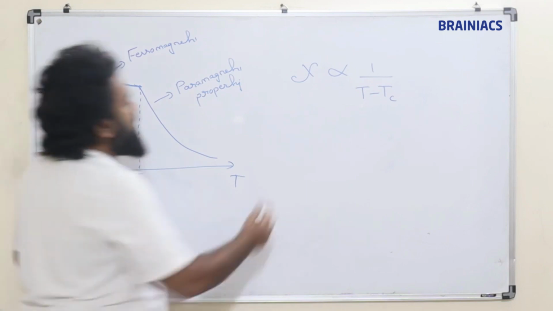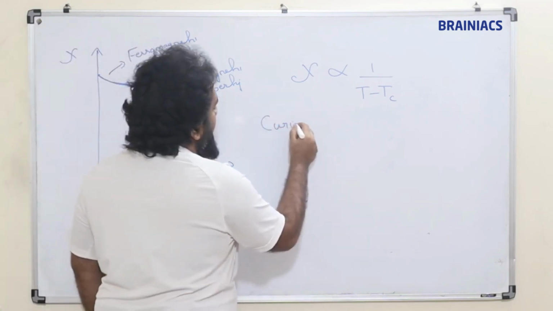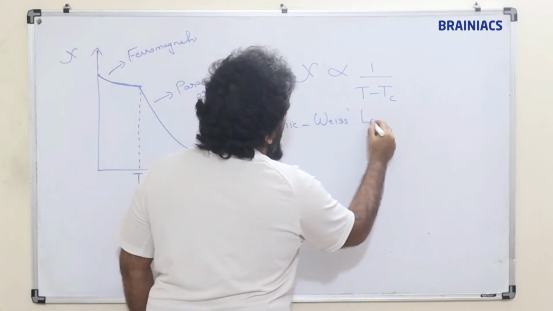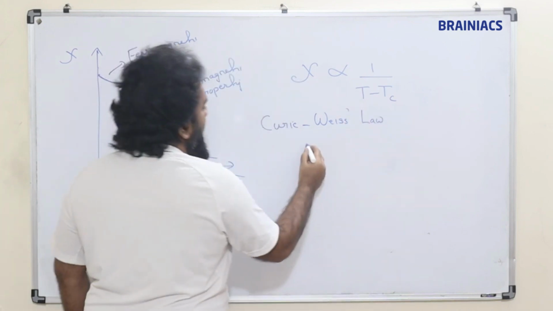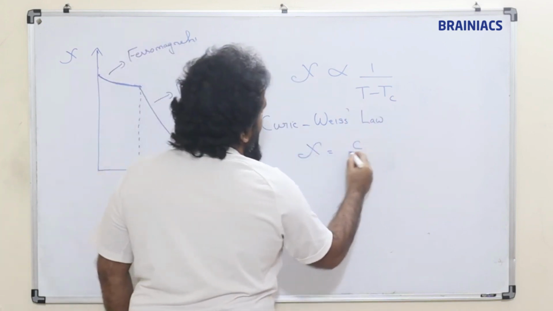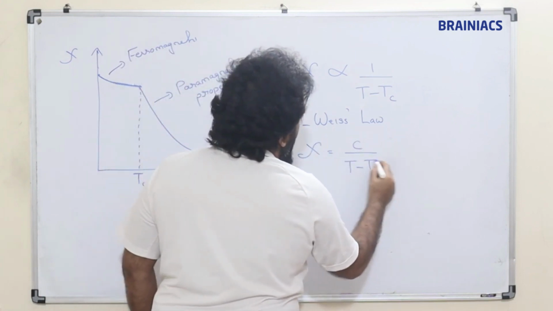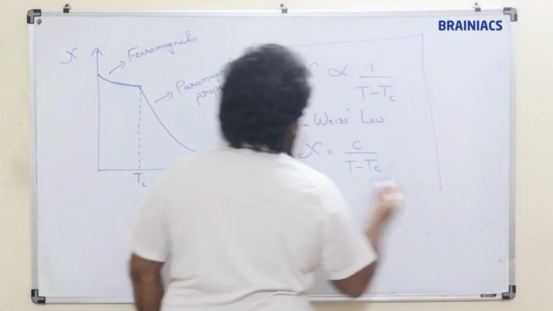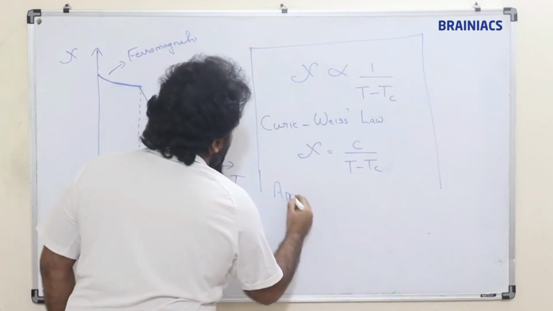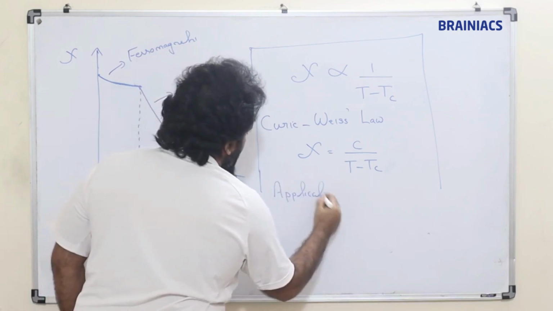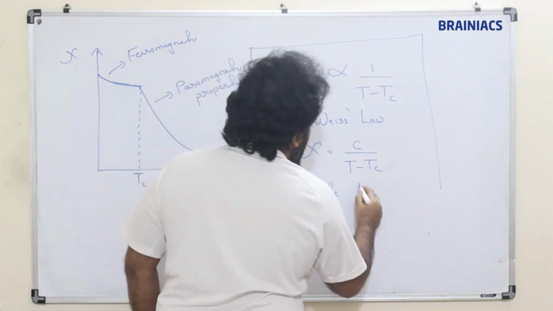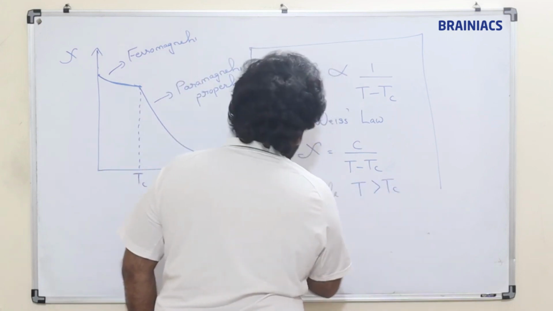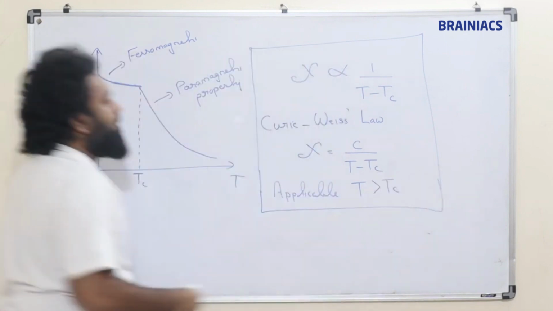This is called the Curie Weiss law: susceptibility is equal to C divided by T minus Tc. This is applicable only if the temperature T is greater than Tc. Note it down.